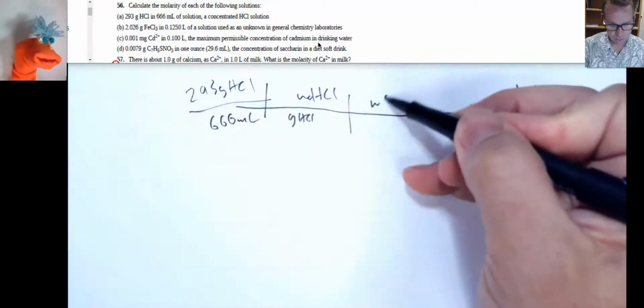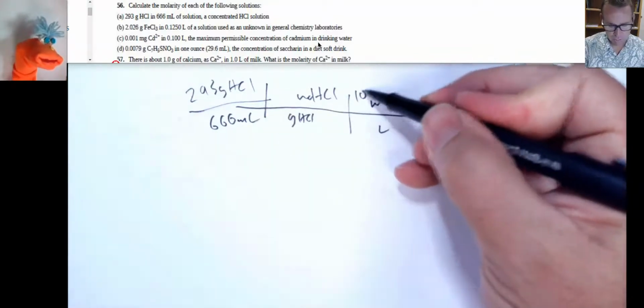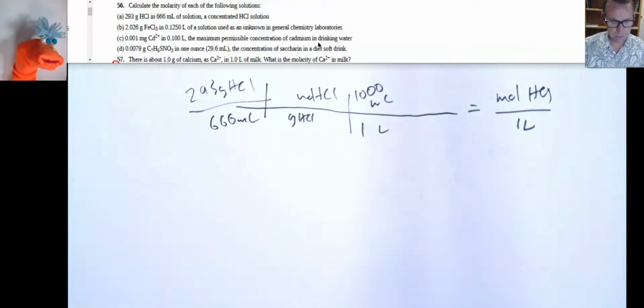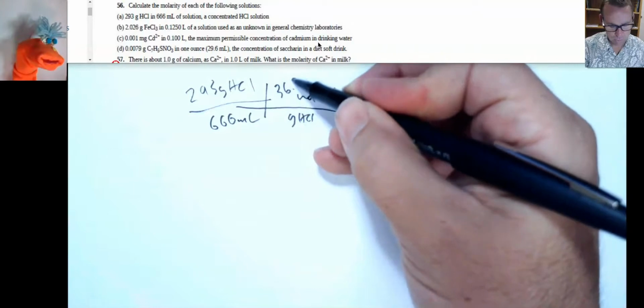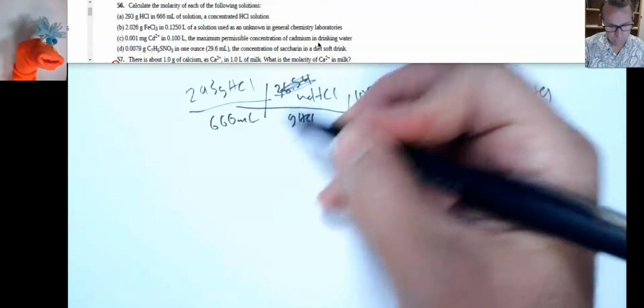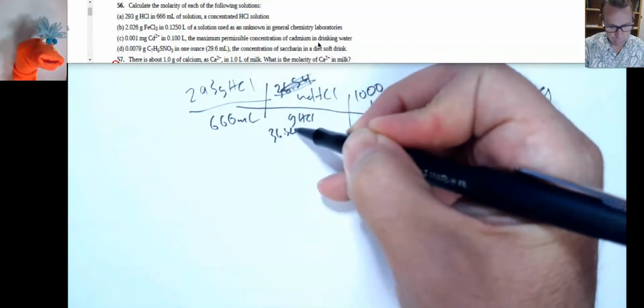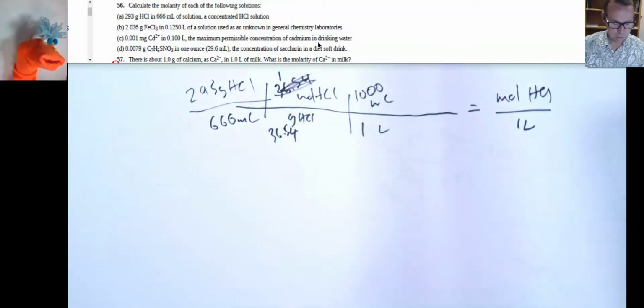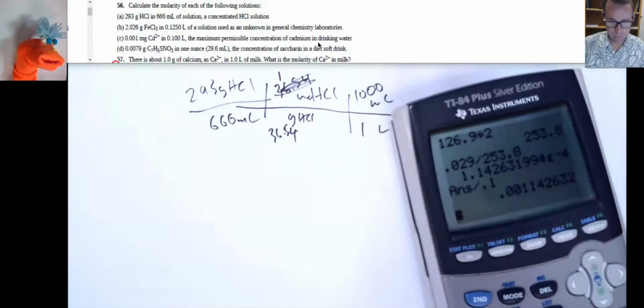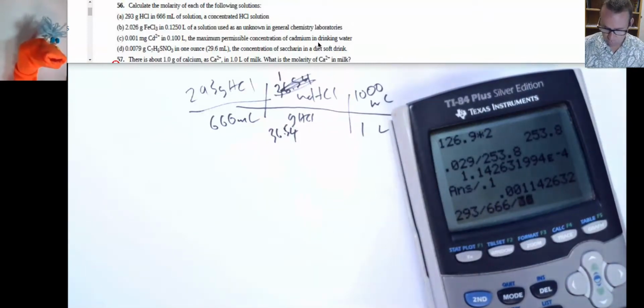And then I can go milliliters to liters and get my liters on the bottom. 1,000 milliliters for every liter, 36.54 grams for every mole. So 293 divided by 666 divided by 36.54 times 1,000.